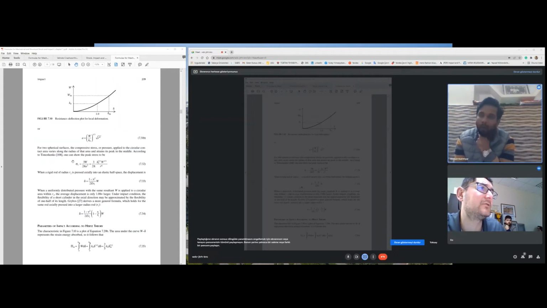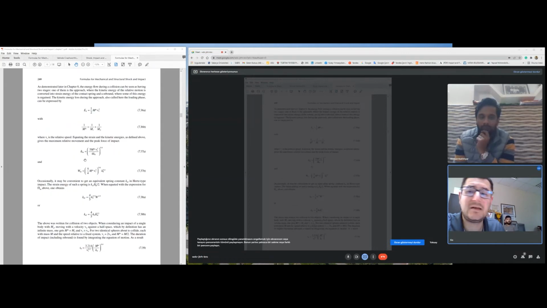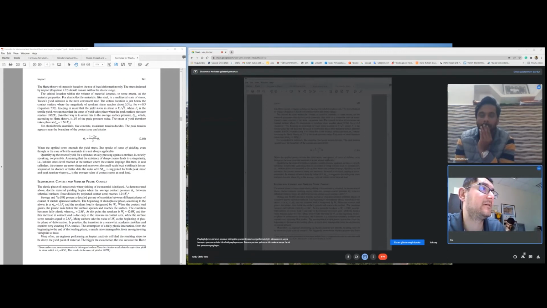So let's continue. Okay. Elastic parameters of impact according to the Hertz theory. I don't know, maybe you should read here. But my advice is you should read chapter 7 from beginning to end. It is going to give you an idea of what we are going to do next for all of the steps, for every paper.